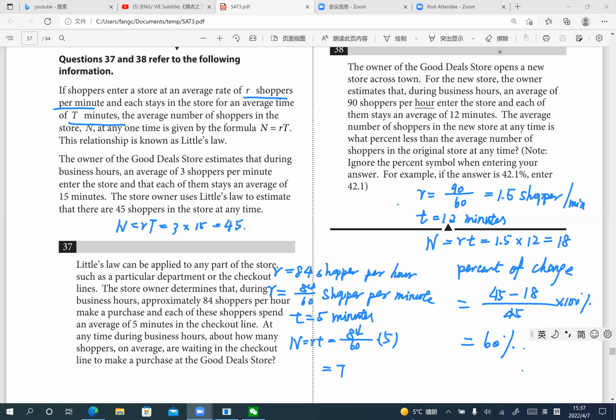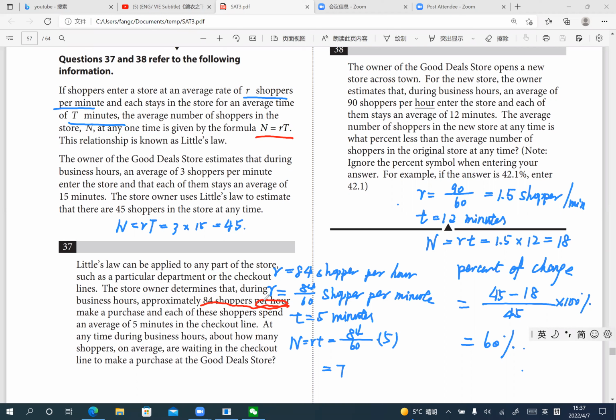From the formula given by the question, N equals R times T. The R in question 37 is 84 shoppers per hour. We should notice that the units are different.